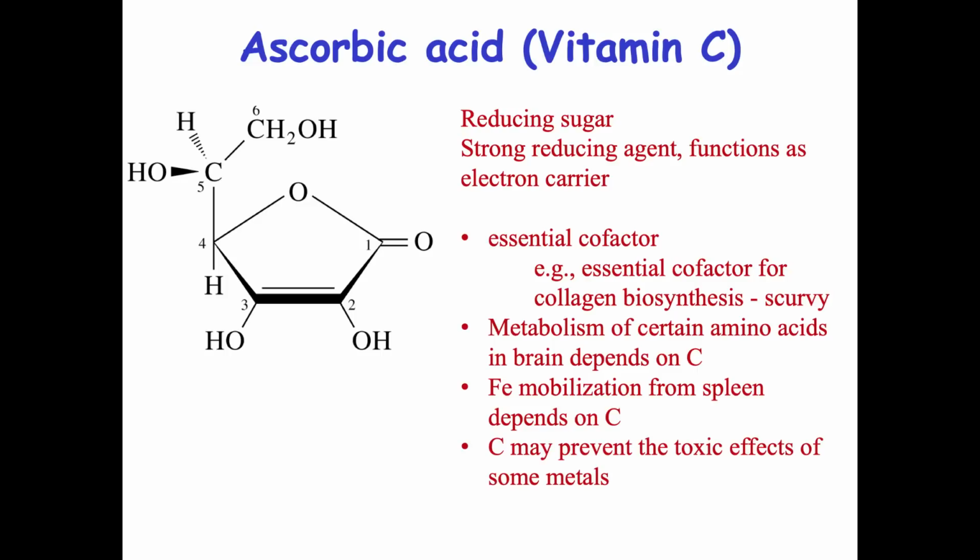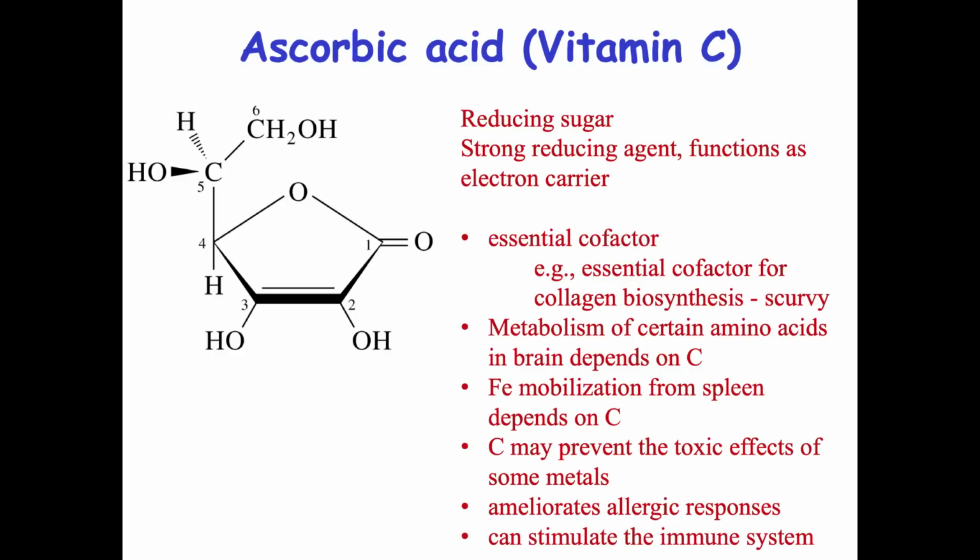It's thought that vitamin C can prevent the toxic effects of some metals. It ameliorates allergic responses and can stimulate the immune system. And for all of these reasons, it has been advertised as the magic molecule.